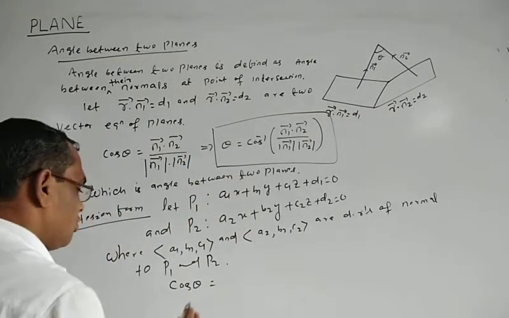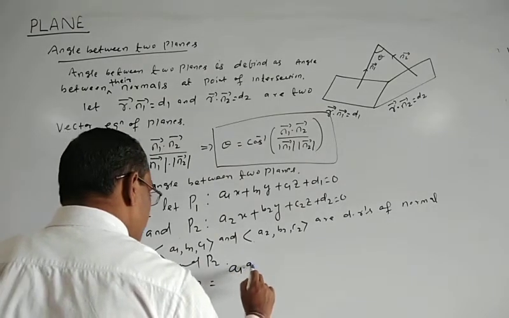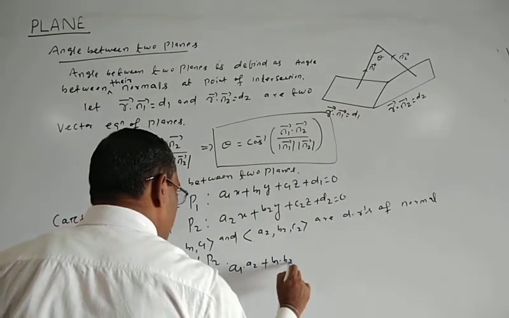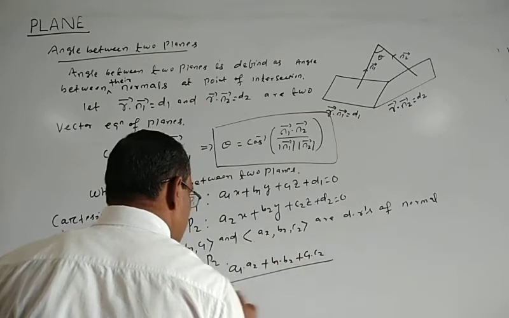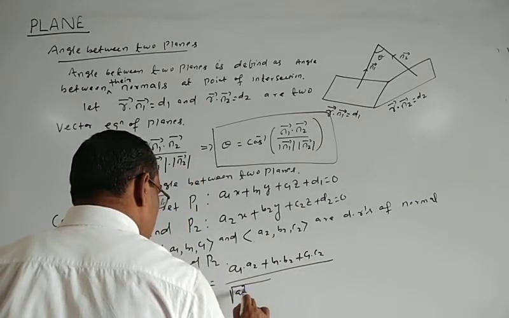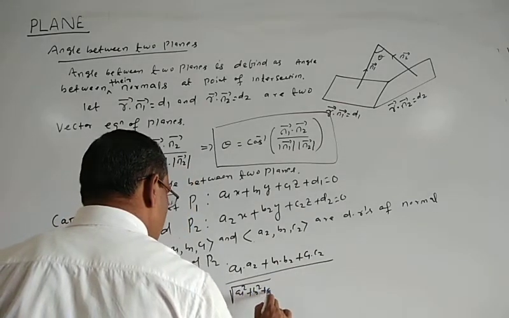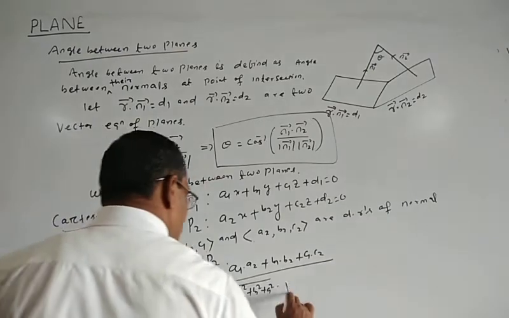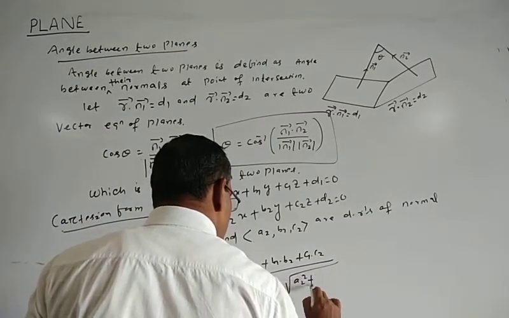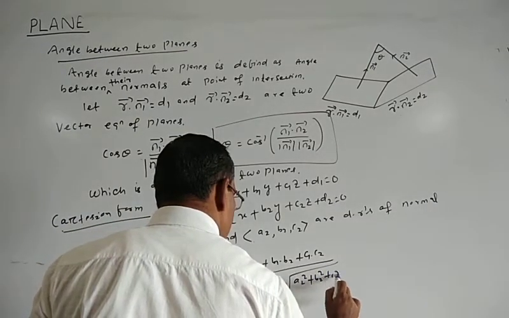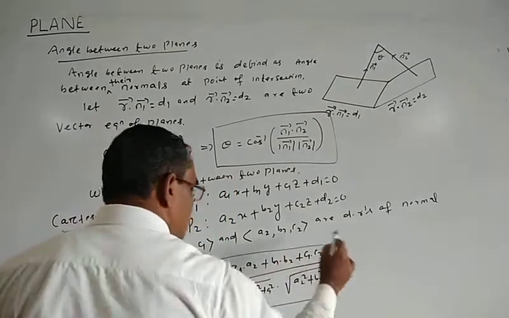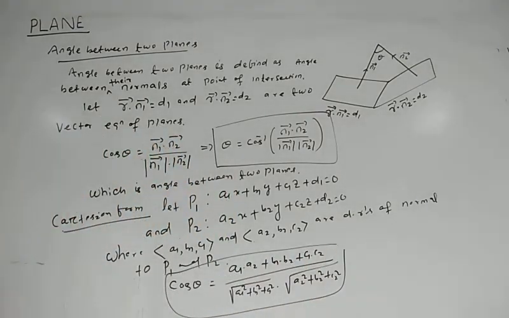So cos theta is equal to a1 a2 plus b1 b2 plus c1 c2 by root of a1 square plus b1 square plus c1 square into root of a2 square plus b2 square plus c2 square. This is known as the angle between two planes in Cartesian form.